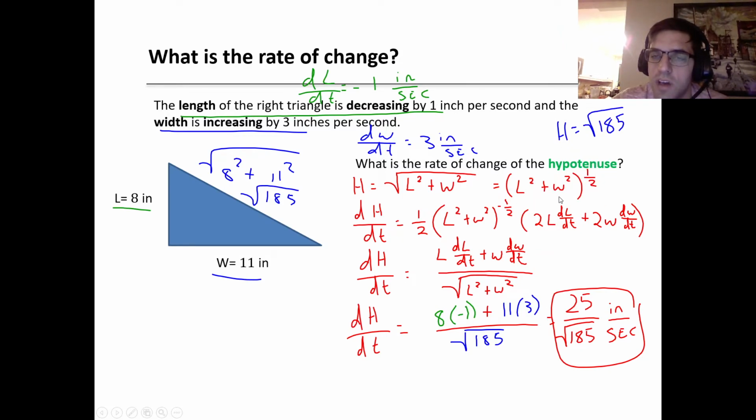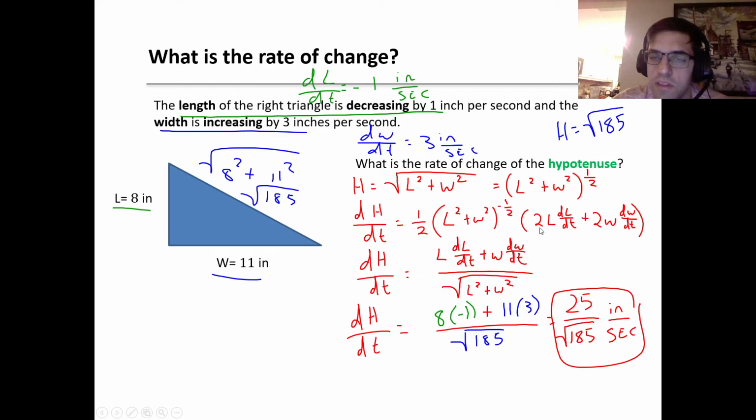In this case, we have a chain rule. So 1/2 times the inside function to the power of 1/2 minus 1, which is negative 1/2, times the derivative of the inside function. We have L and W as variables that we are implicitly differentiating with respect to t, so we have 2L dl dt plus 2W dw dt. If I rewrite this back as a radical, I'll put the negative rational exponent in the denominator as a square root symbol.